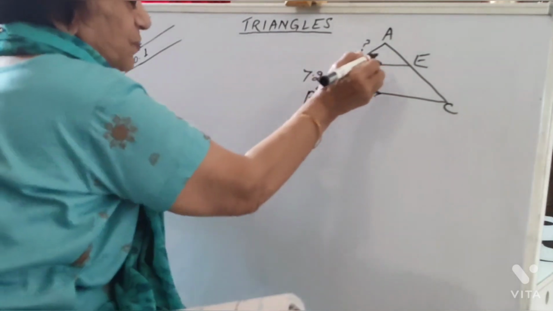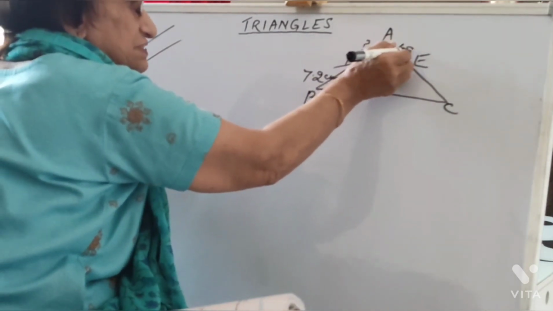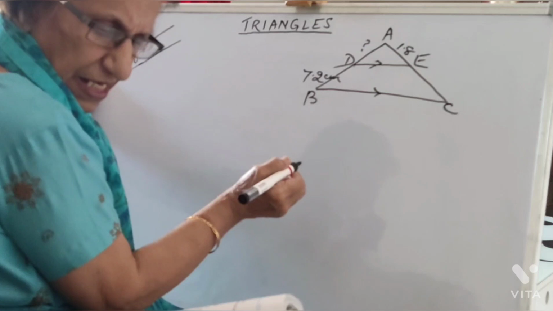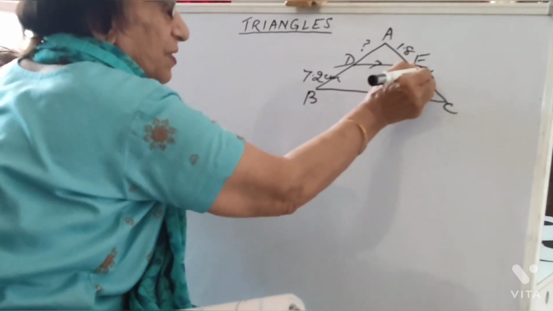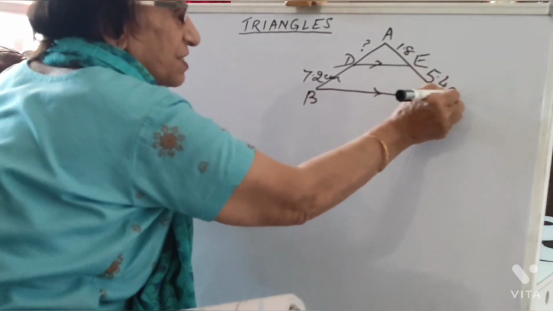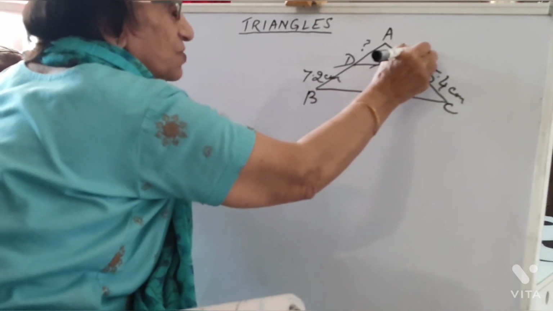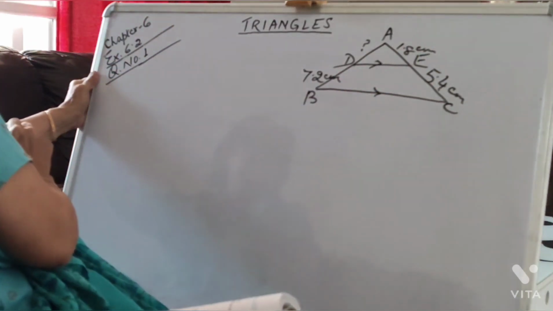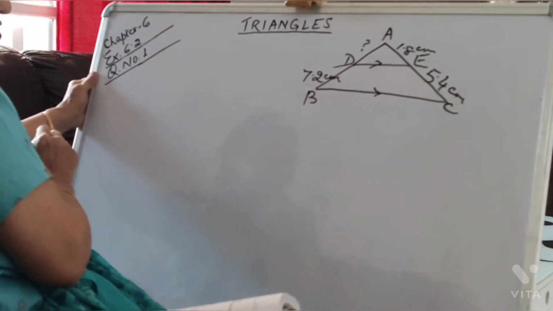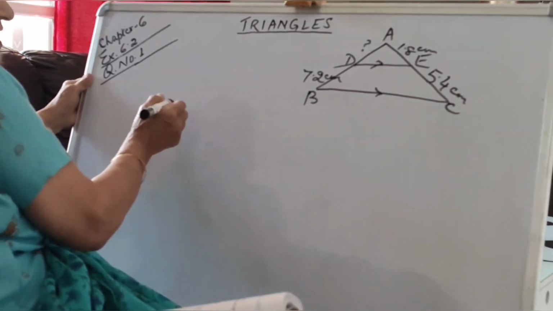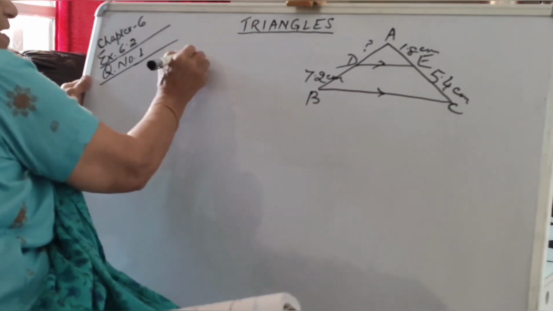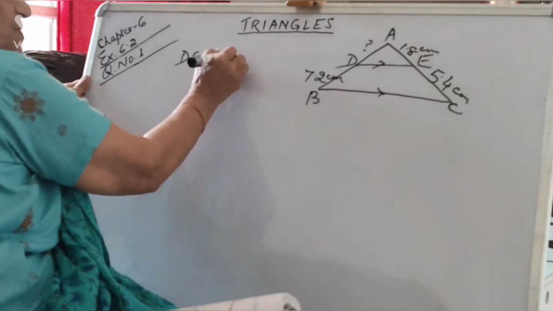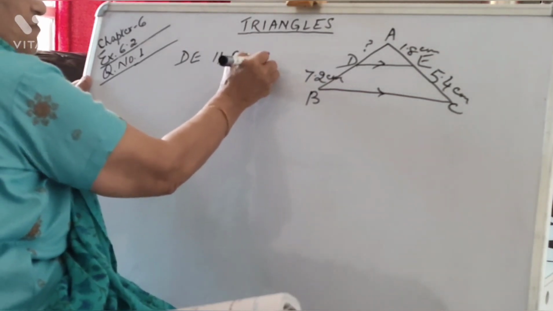AE it is 1.8, EC 5.4 centimeter. These are also centimeter. Now solution again. DE is parallel to BC, given.